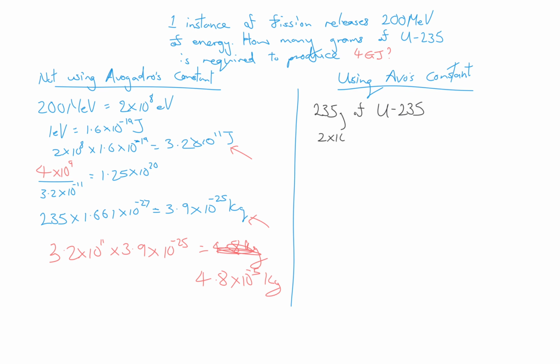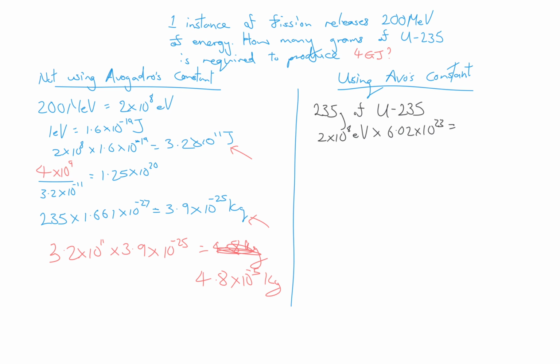So 2 times 10 to the 8 electron volts. And we're going to multiply that by Avogadro's constant, which is 6.02 times 10 to the 23. This is going to give us an amount of energy if we have 1 mole of uranium.